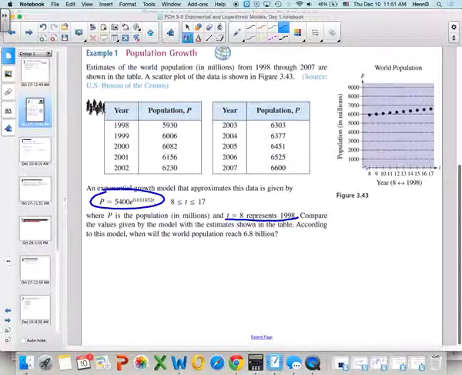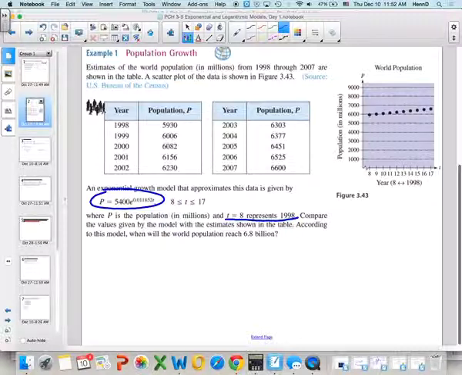What was the population in 1990? 5,400 millions of people. So that's 5.4 billion people. Okay? As you can see here, we hit 6 billion people somewhere in 1999. Okay? And then once we have this model, we could say, okay, hey, what's the population in 2015? Well, you just plug in 25 for t, because it's 25 years since 1990, and you could figure it out.